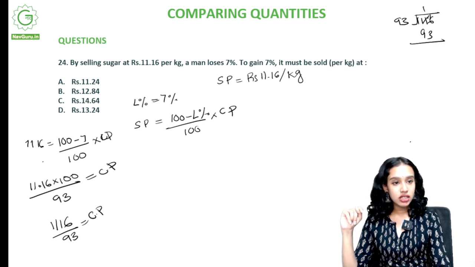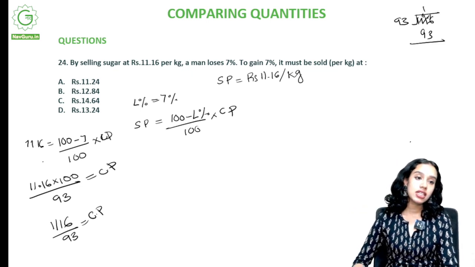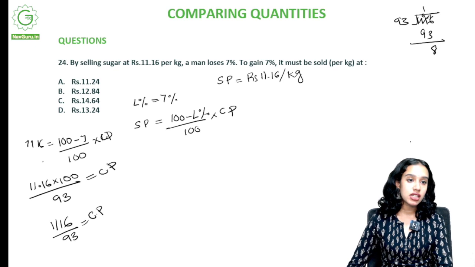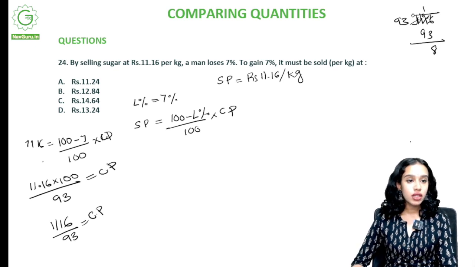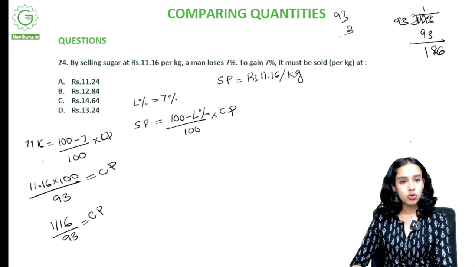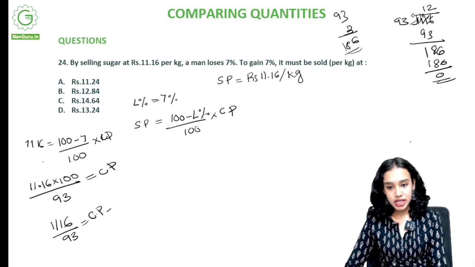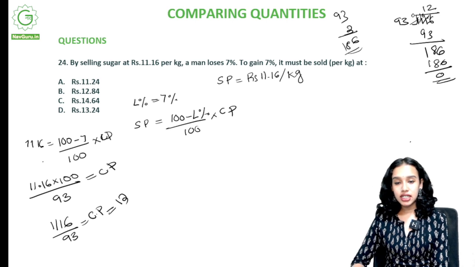We get 11 here and we get 0 here. So 11 minus 3 is 8, right? 8 plus 3 is 11. So 10 minus 9 is 1. We have 186. So 93 into 2. 3 2s are 6 and 9 2s are 18. So we got 2 into 93 is 186. So the answer is cost price is 12, right?